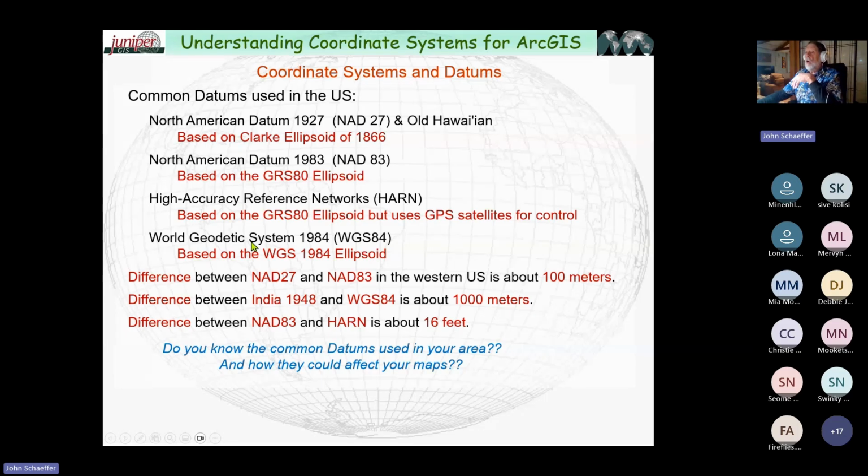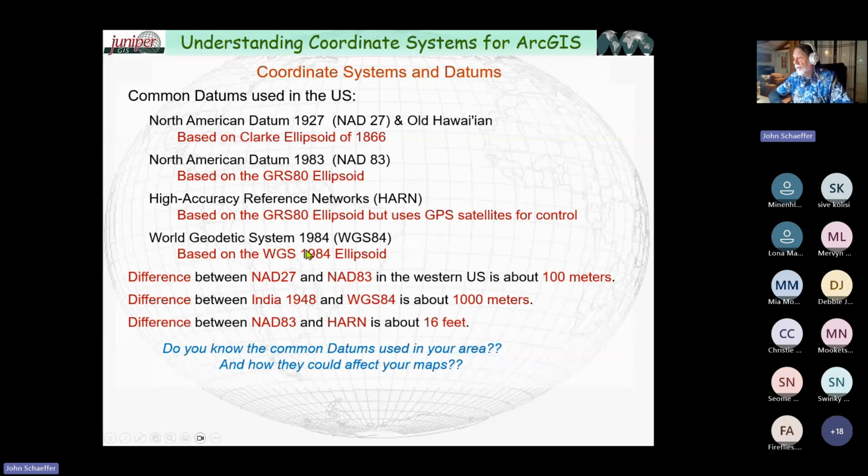And because I know a little bit about these datums, you don't need to worry about these particular details. You need to know the datums used in your areas and the details about them. So again, I will be using US examples, but just realize, where you're working, you're going to have several different coordinate systems, several different datums.